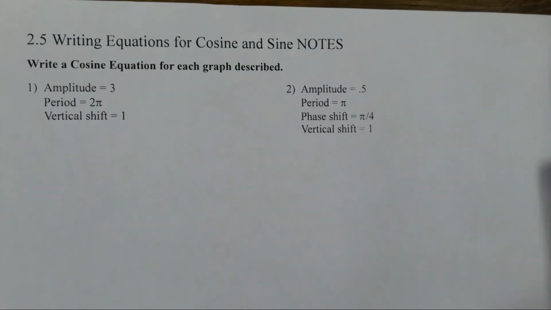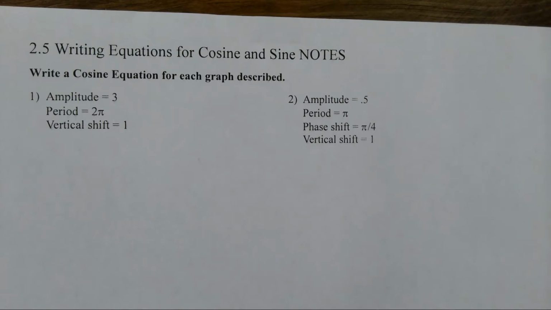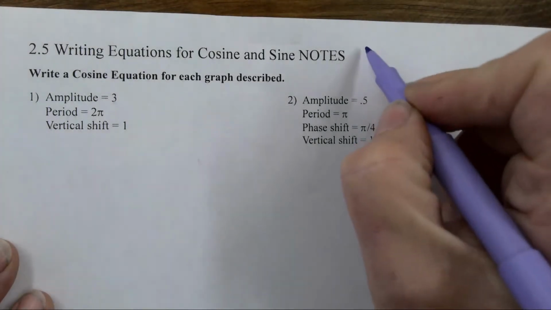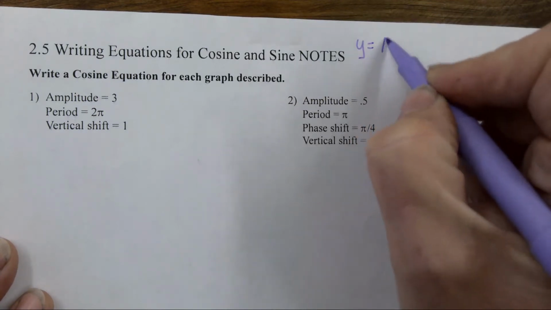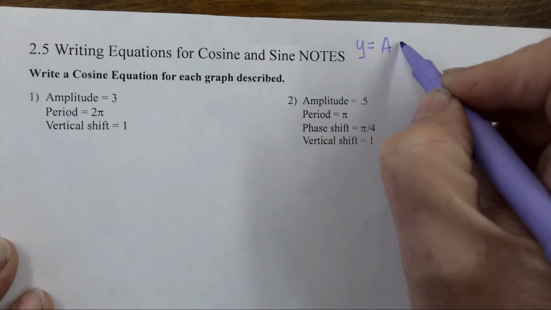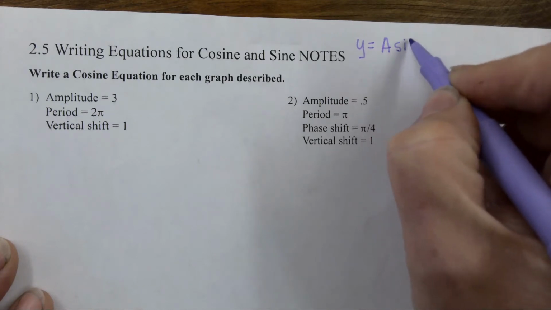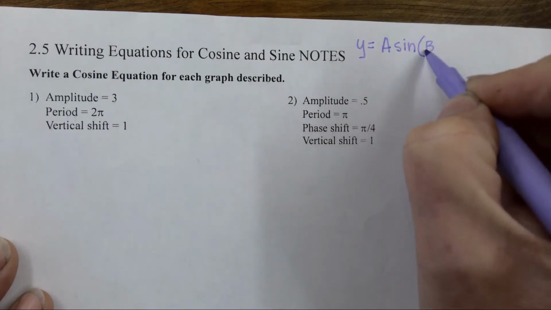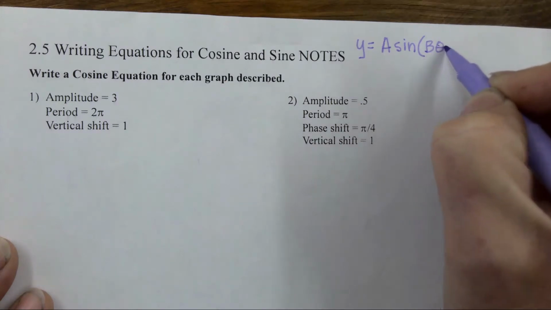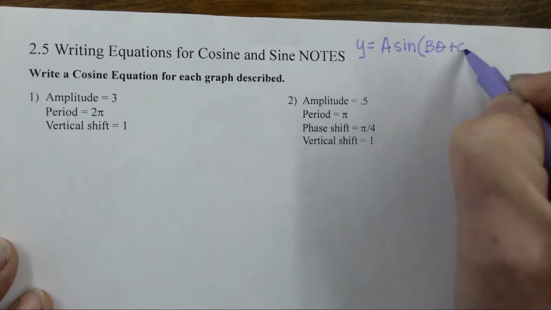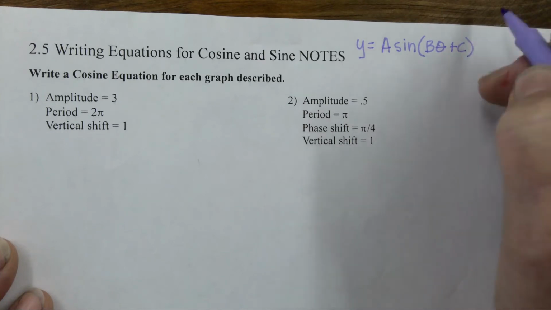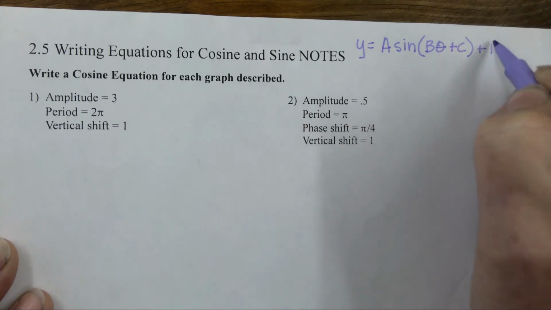All right, so let's refresh our memory on what the parts of the equation are. And it's the same for sine and cosine. It's y equals a, either cosine or sine. So we'll start with sine. Bx, I'm going to do theta, plus c, end parenthesis, plus d on the end.